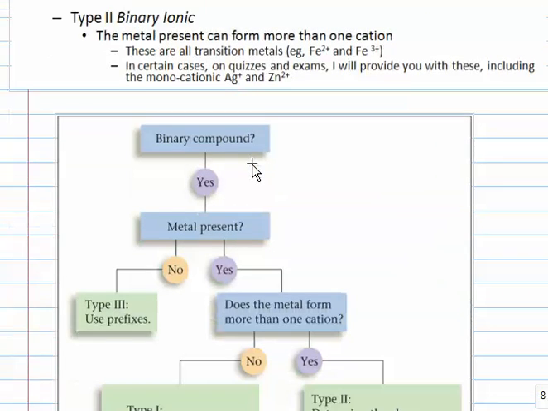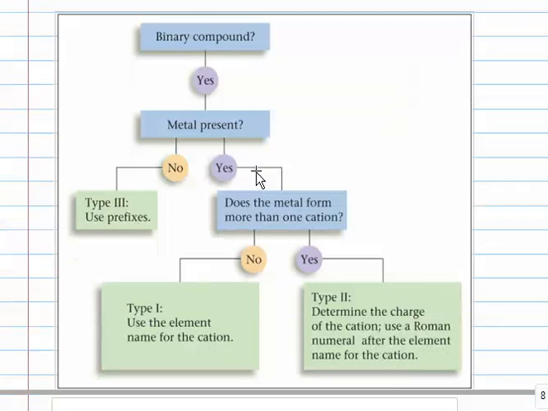As we're naming a compound, we're going to follow a systematic strategy. We are going to first determine, is this a binary compound? That is, does it contain only two types of elements, or does it contain more than two types of elements? If it is a binary compound, we are going to ask, is a metal present in this compound?